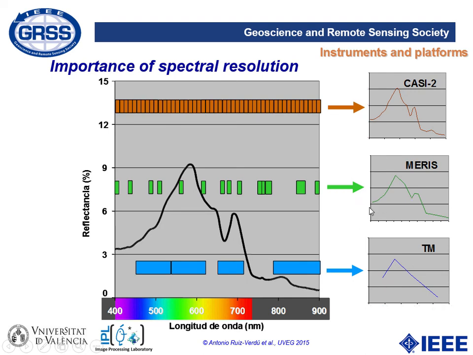This is the example of how it is seen with the MERIS sensor, which was on board Envisat and is the precursor of the Sentinel-3 OLCI sensor, which is going to be in orbit very soon, in this year of 2015 or 2016.